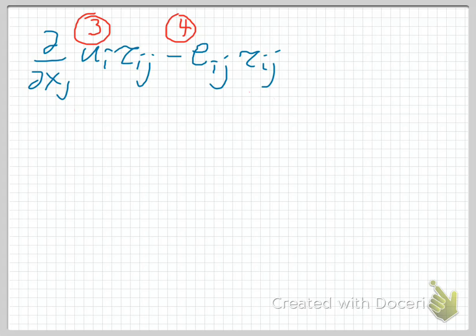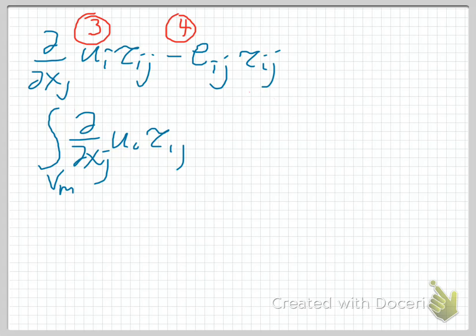When we apply the integral over the material volume Vm of d by dxj of ui tau ij, we recognize that we're just taking the volume integral of the divergence of something, because i is a dummy variable, and ui tau ij then is just a vector whose free index is j, and so this is d by dxj of something j.